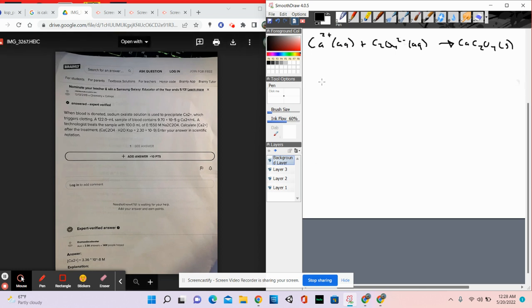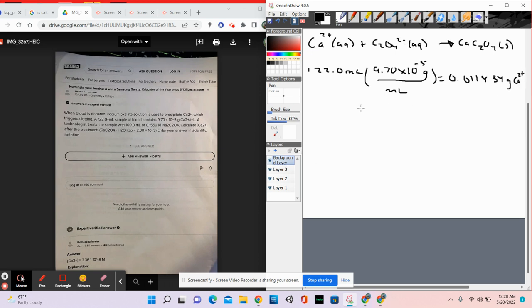To find the moles of the calcium in the blood, we are looking at a 122 milliliter sample of blood, and there are 9.70 times 10 to the negative fifth grams of calcium per milliliter, and that gives us the value of 0.011834 grams of calcium 2 plus.